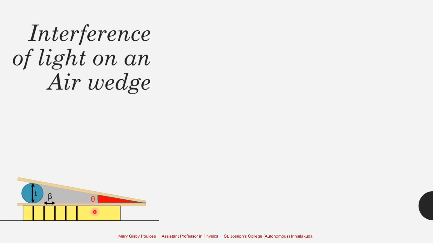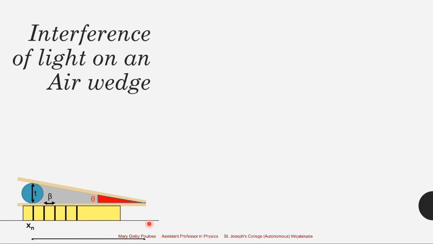Thus, we can see an interference pattern of this nature, where we see alternate bright and dark fringes of equal width placed equidistant from each other. The distance between consecutive fringes is called the fringe width beta.